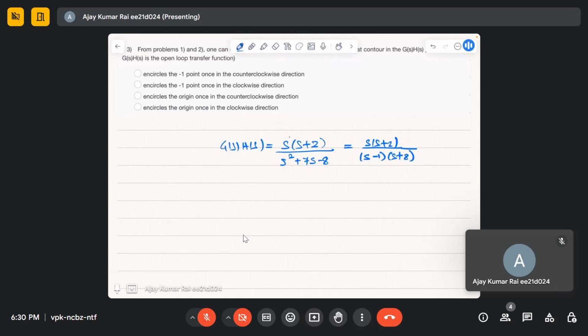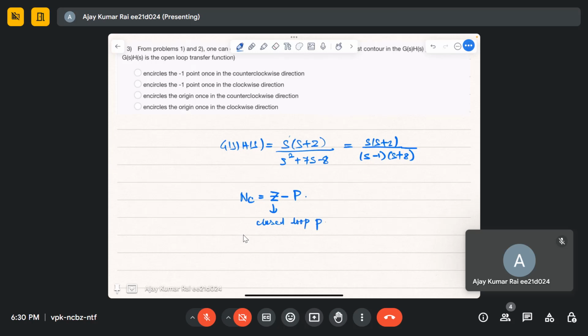in case of stability, what we used to see is N_C equal to Z minus P, right? And what is Z? This is the closed loop poles, and P was the open loop poles.